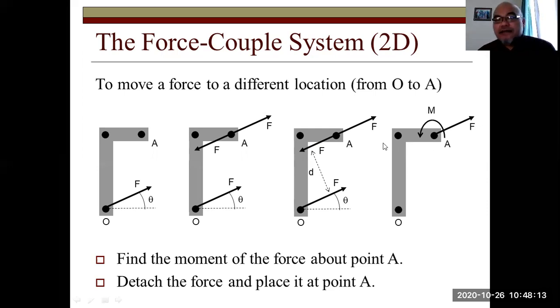So the final result becomes a single moment about point A plus a new force originating from point A. So this will create translational motion through this structure as well as rotational motion about point A, which equals the original system, the force at point O. So find the moment of the force about point A. We detach the force and place it at point A.